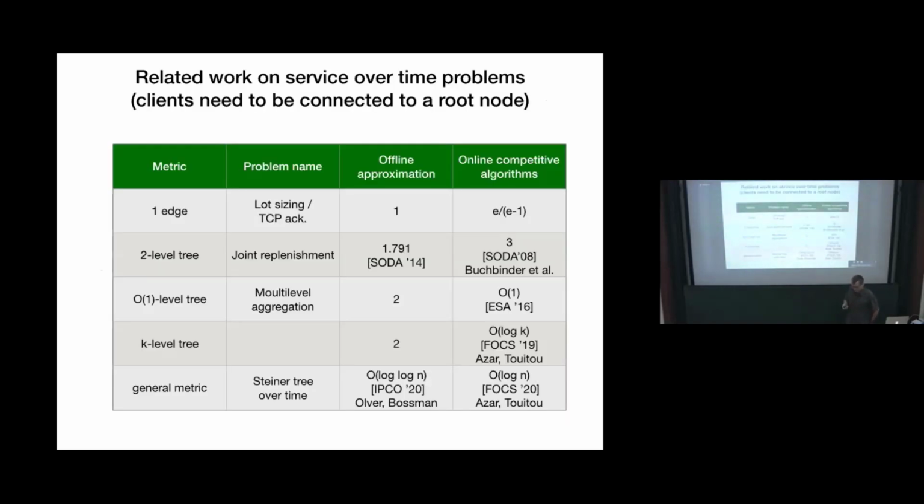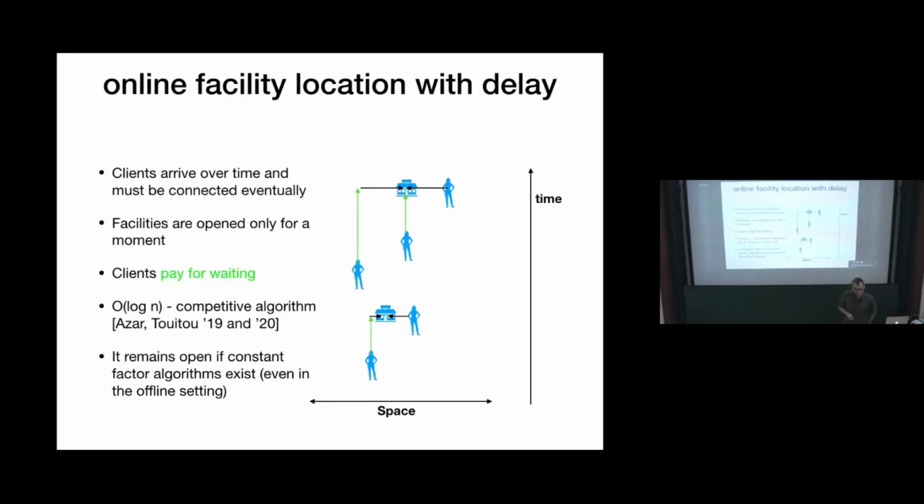Excuse me, Jarek, can you explain to me the last sentence here? What do you mean, even in the offline setting? Good. You can consider the same problem, but knowing all data in advance, like knowing when clients will arrive. There are different waiting cost models.